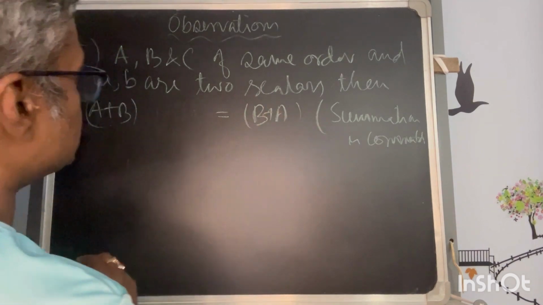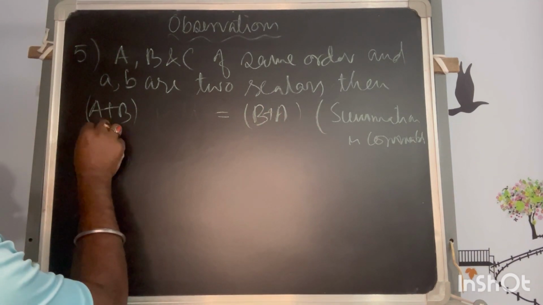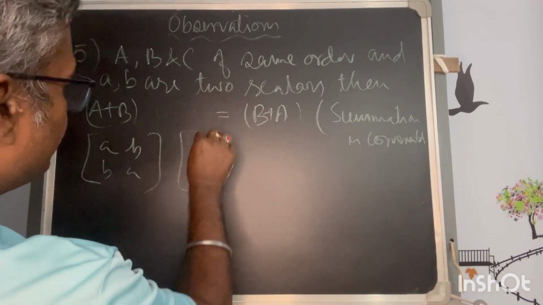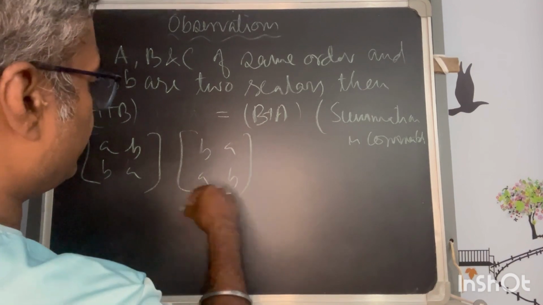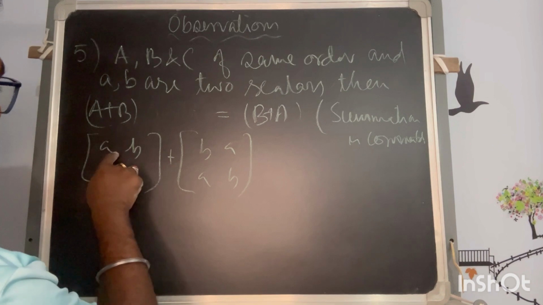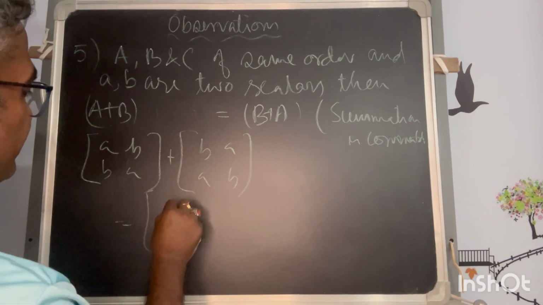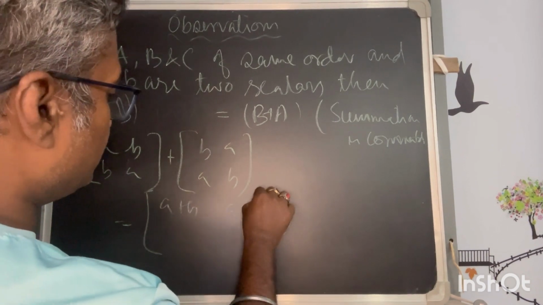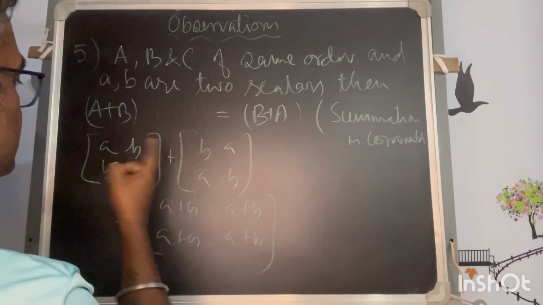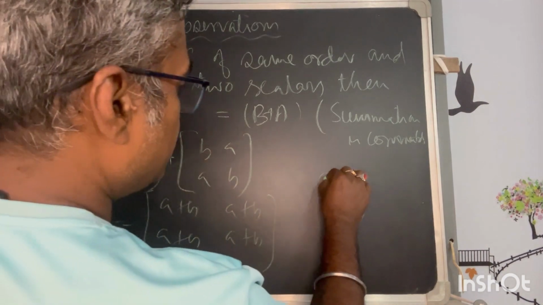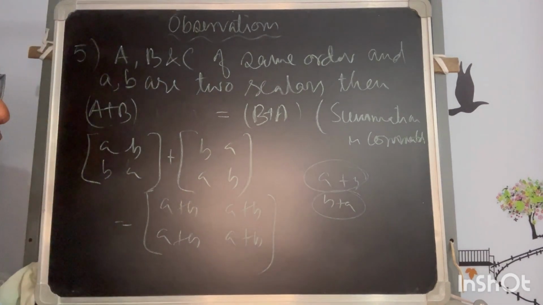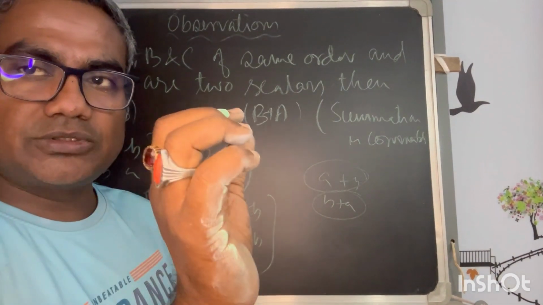If I do the reverse, automatically you can understand a matrix of A, B, B, A, another matrix of B, A, A, B. If I take the simplest one, if I do addition, the elements are being added. So even if you change the position, the value won't change, isn't it? A plus B will become B plus A, but the value of this will be the same, because each element is an individual numerical.